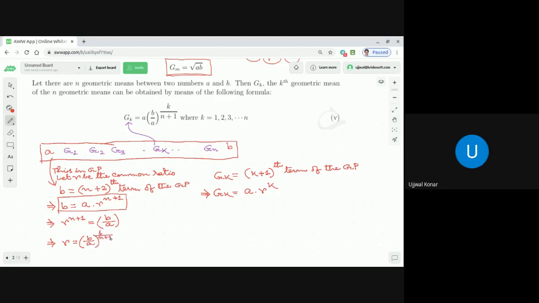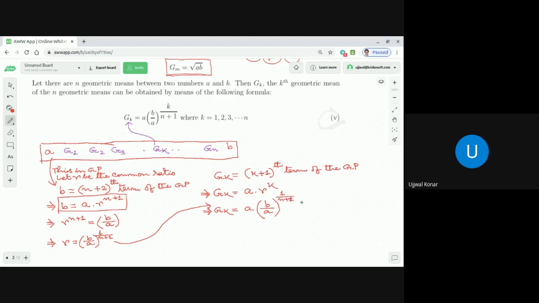Correct, no, dear students? And that value, we can apply back here. So then what are we going to get? This implies GK is equal to A into R, which is B by A power 1 by n plus 1.